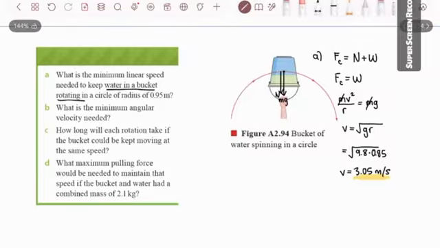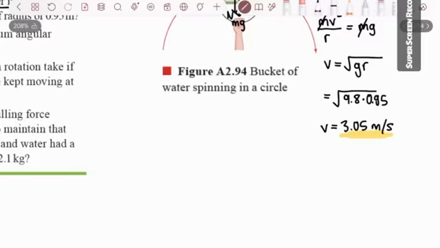In part B, we're asked what is the minimum angular velocity needed. So the angular velocity we know is referred to as the symbol omega, and the formula relating omega with velocity was omega equals v over r.